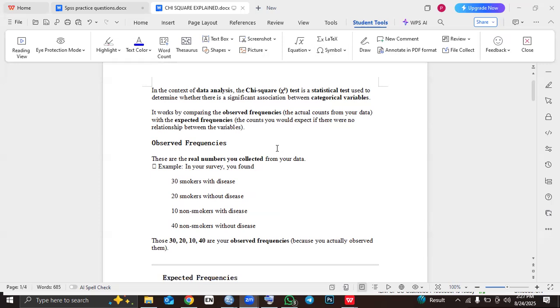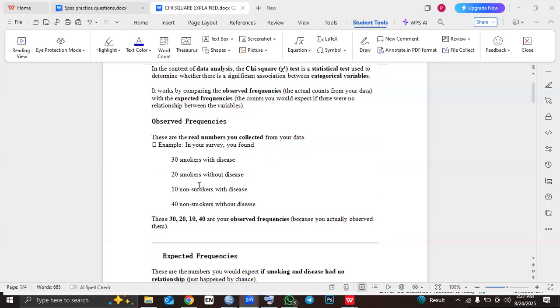For example, assuming maybe in your final year project or in your research, you do a survey and you want to know the number of smokers with lung disease and the number of non-smokers with or without lung disease.